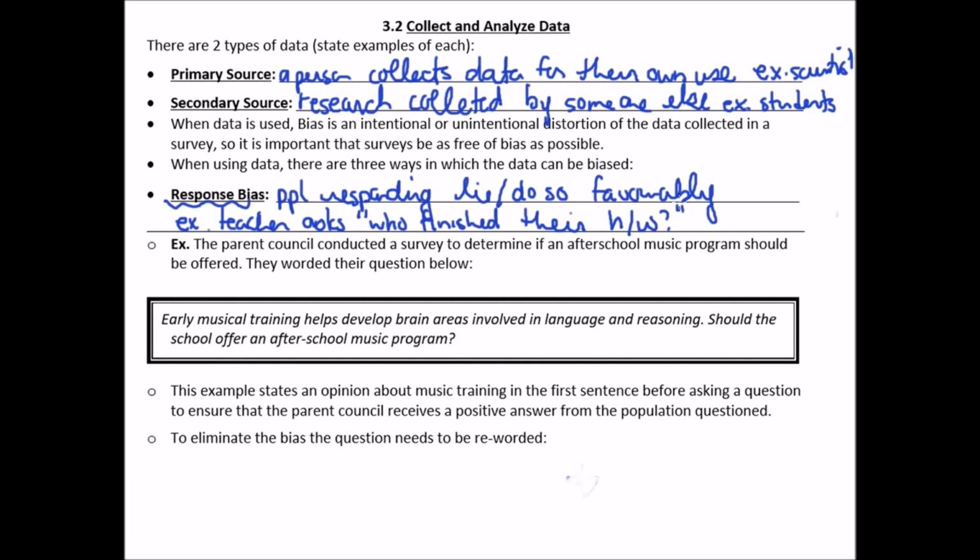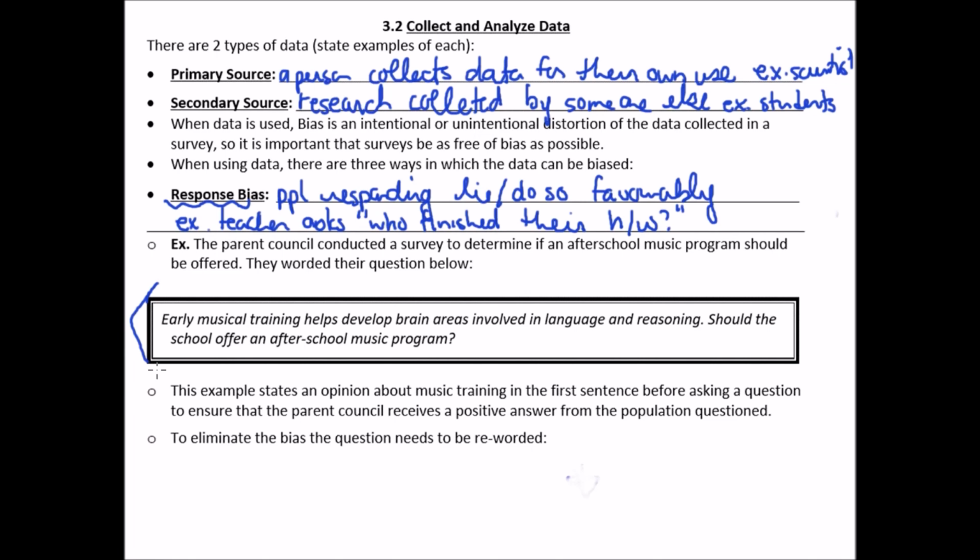Another example that we're going to look at is measurement bias. For example, a parent council conducted a survey to determine if an after-school music program should be offered, and they worded the question like this: Early music training helps develop brain areas involved in language and reasoning.